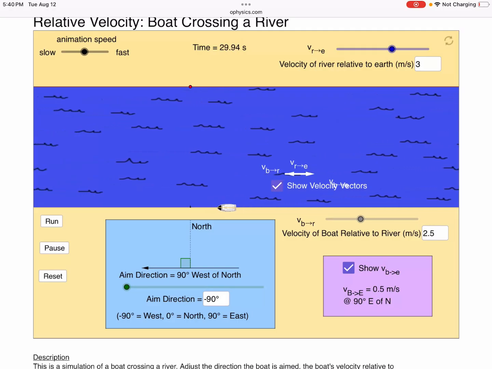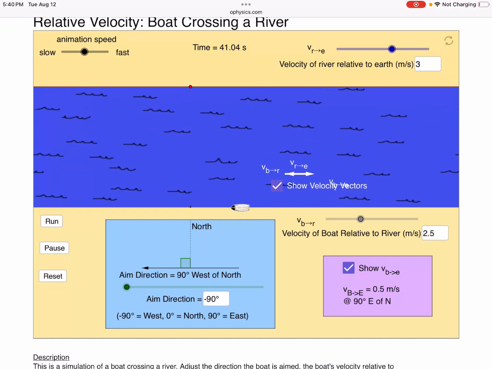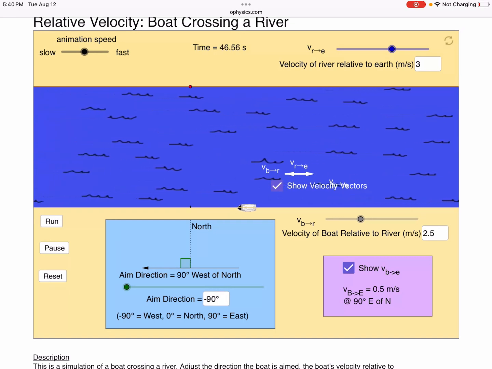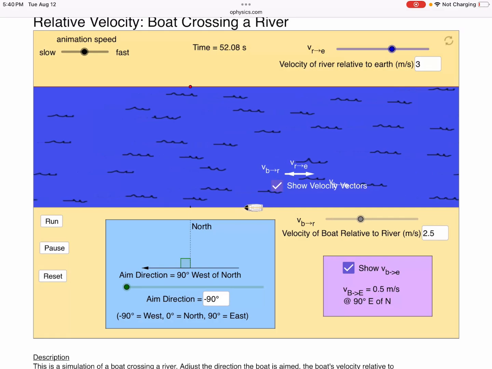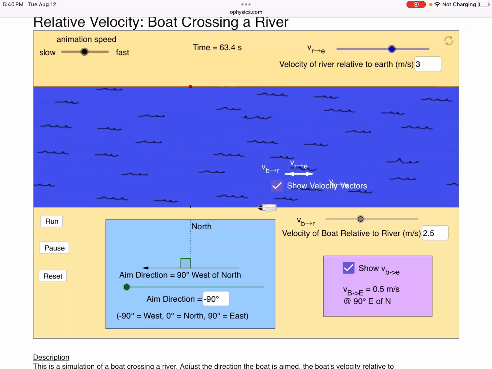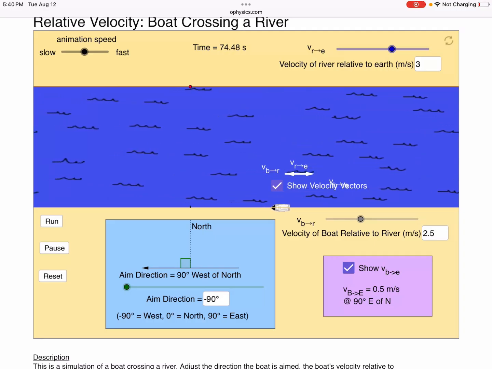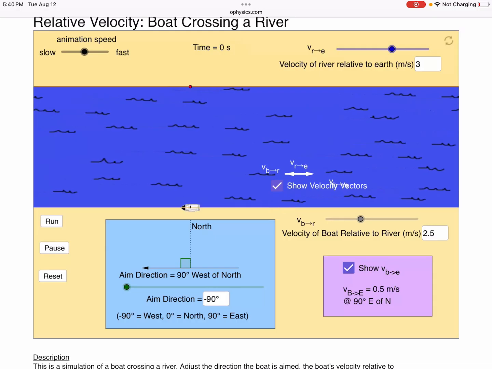Notice the velocity of the river is moving 3 meters per second to the right. Our boat is only moving through that water at 2.5 meters per second to the left. So overall, to us, it actually appears like it's slowly going to the right.